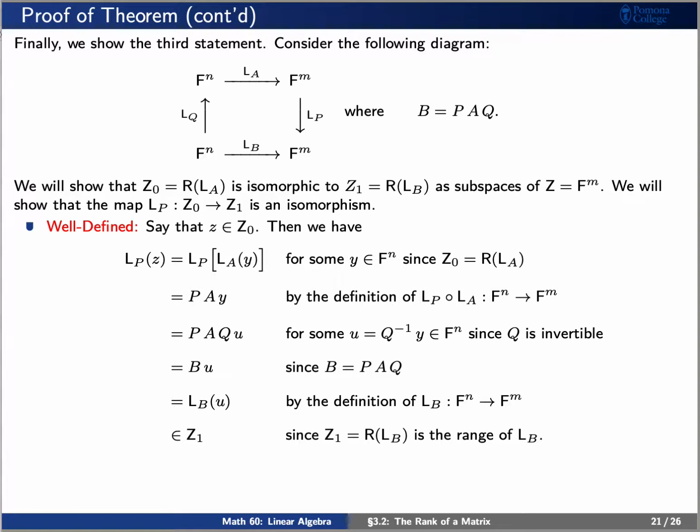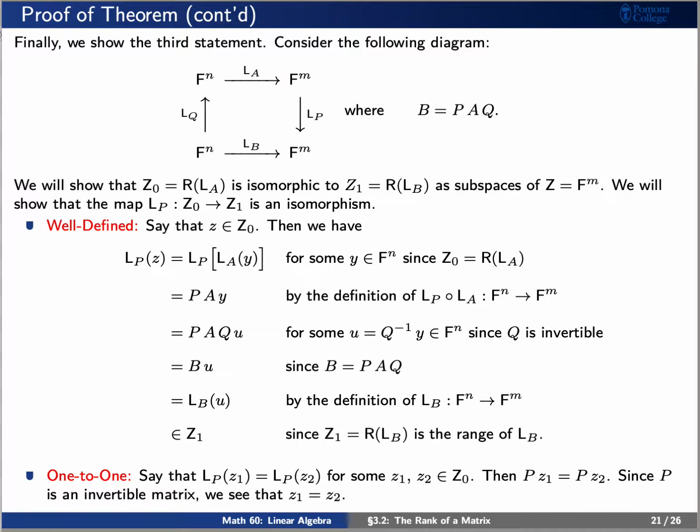L_P of z, of course, now says that this sits in the lower right-hand corner. But by following along the arrows in a couple of different directions, we actually do see that this really must come from an element u that sits inside of the lower left-hand corner, and now we just simply push everything through as we expect.